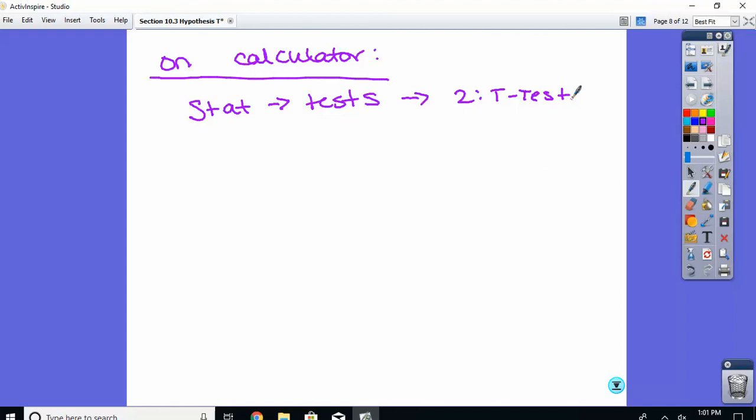Okay, then it asks for your mu sub 0. That is what our null hypothesis is. So that's our 5,710. Your x bar was your observed mean, which is the 5708.07.